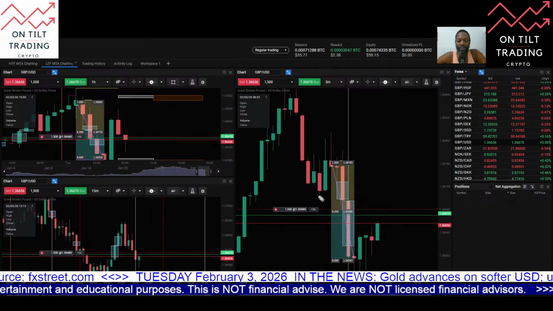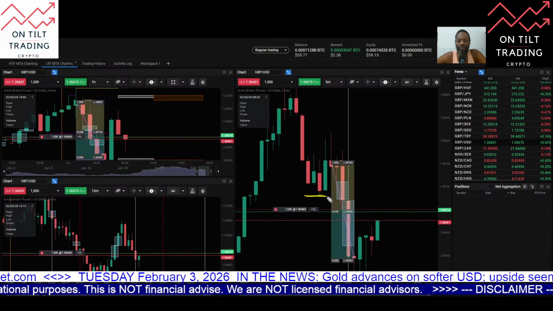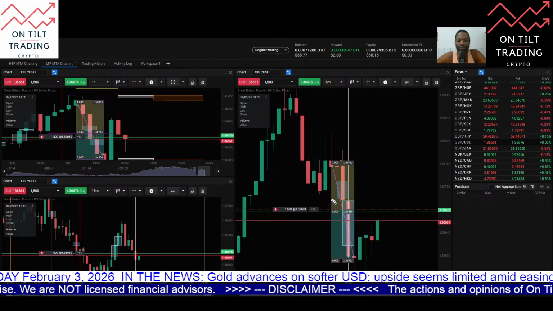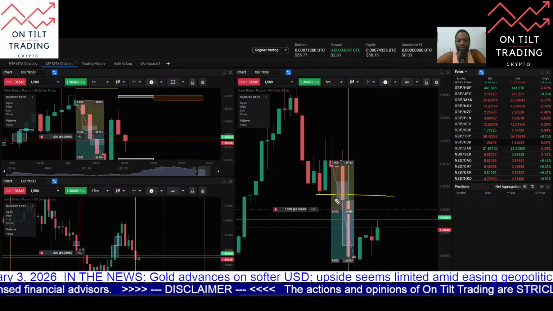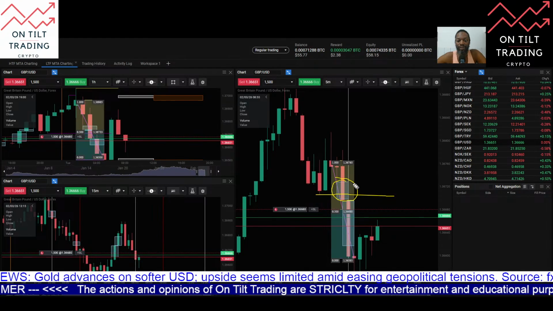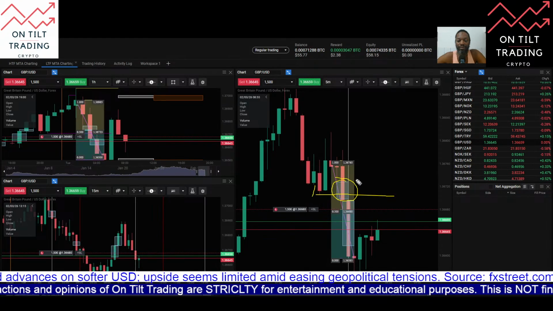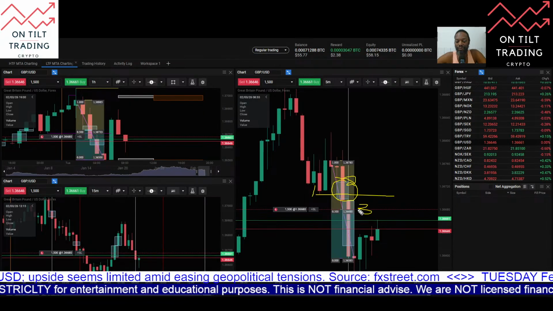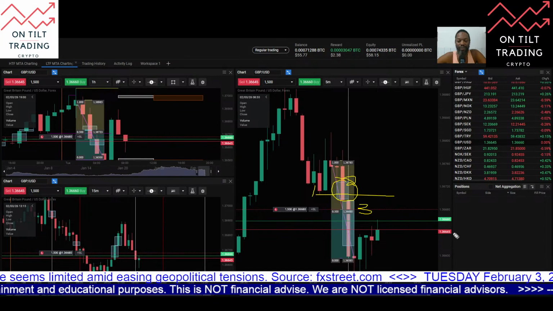There's also the market structure shift level, which is right here, and it can also be used for a potential entry point. So even in this particular situation, there's 1, 2, and here's 3 potential entry points, all at different levels.